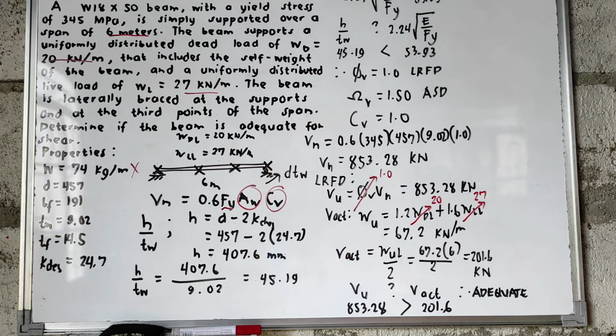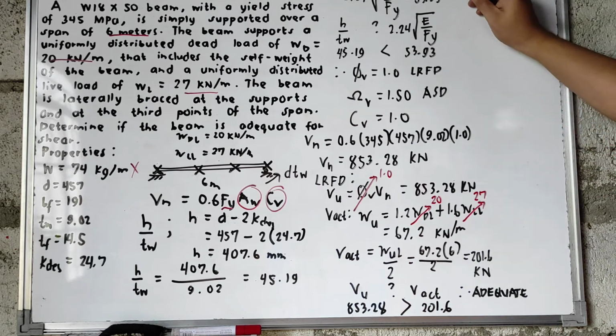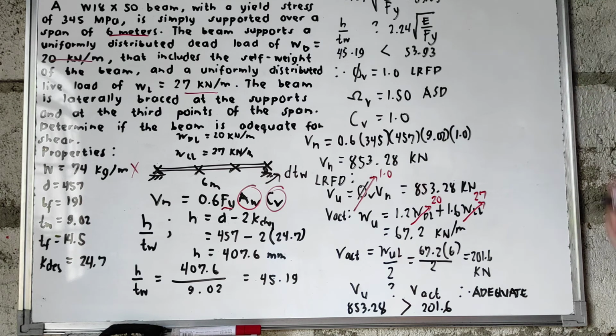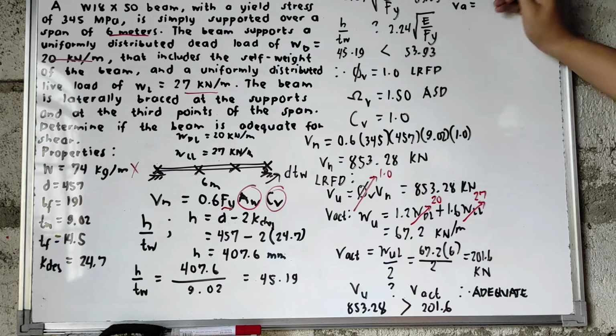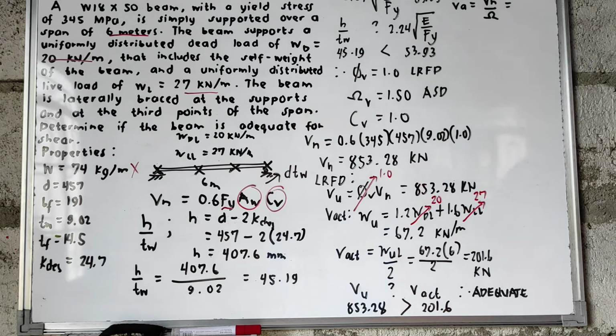So, next naman, we're going to check yung adequacy ng beam natin using ASD approach or using yung safety factor natin. So, let us calculate first for the value of your allowable shear strength, which is denoted by VA. So, yung VA natin, that is yung nominal divided lang natin yung safety factor natin.